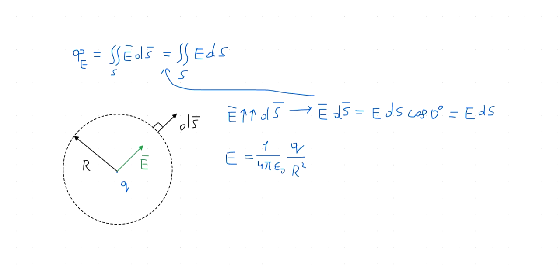It means that the electric field intensity doesn't depend on element ds, and it may be written outside of the surface integral ds.